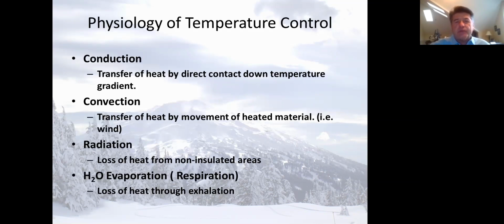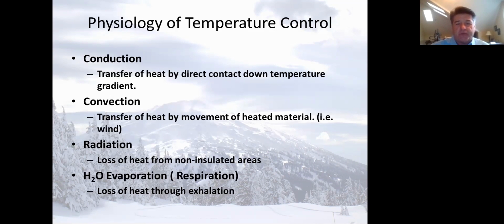Now, how do we lose temperature? This same slide, when I give a slide on heat-related illness, meaning heat exhaustion, heat stroke, I use the same slide. There are 4 ways to lose heat. Conduction is the transfer of heat by contact down a temperature gradient. I'll show you what that means in just a minute.